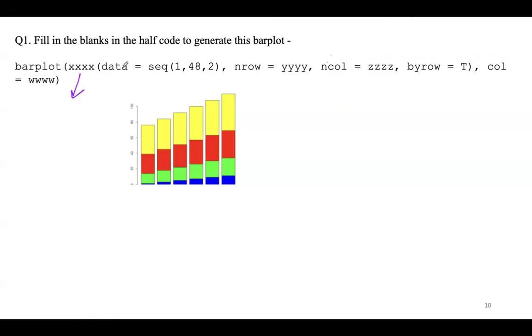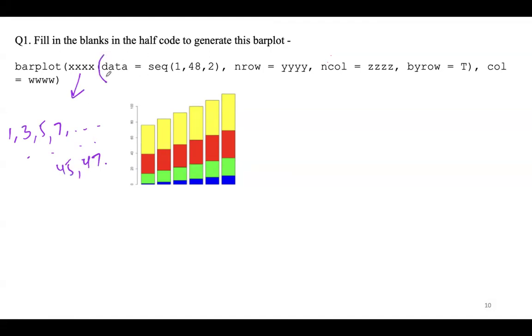Okay. So the data that you see here is a sequence, right? It goes from 1 to 48 in intervals of 2, up until 47. So that is your data.